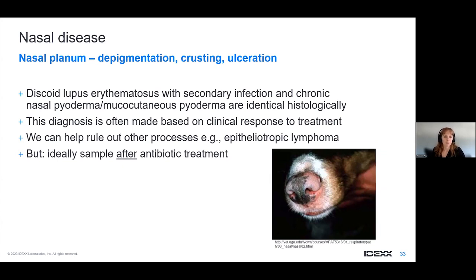And again, that needs to be correlated with any previous treatment or any culture and sensitivity, because the findings in lupus and the findings in chronic mucocutaneous pyoderma can be really similar histologically, so the distinction might be really difficult. Ideally, these are cases where previous treatment and then sampling of it might be really helpful.